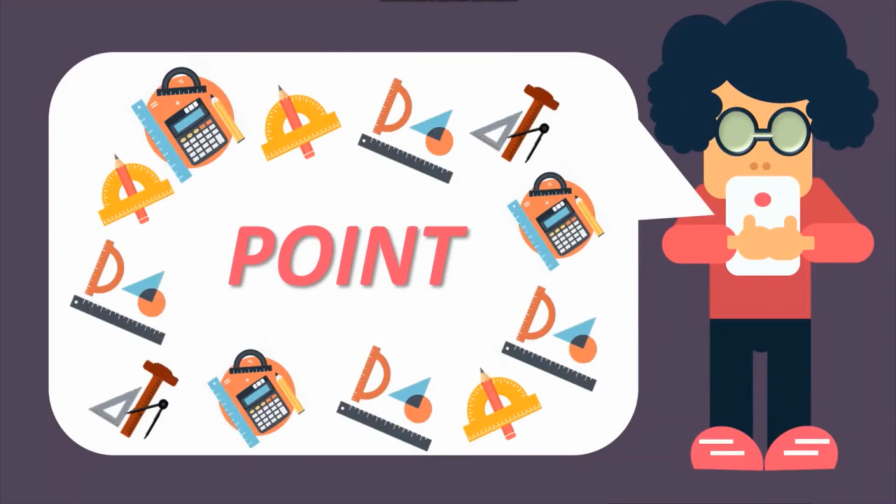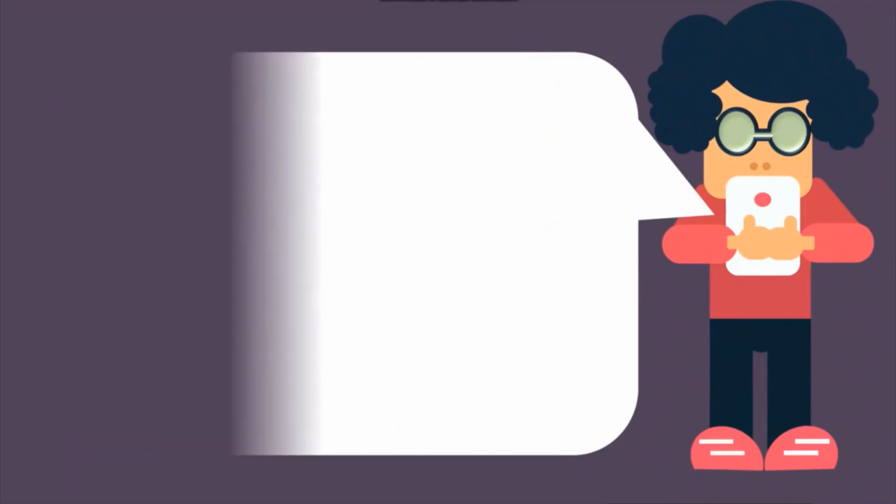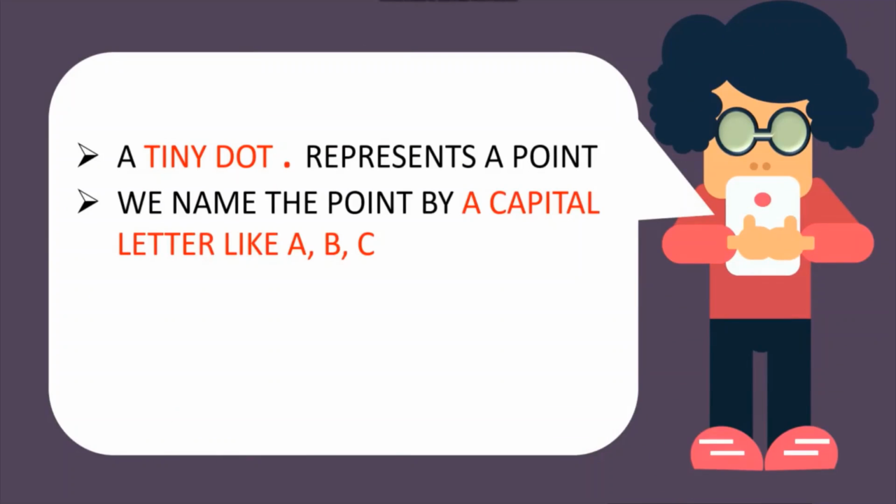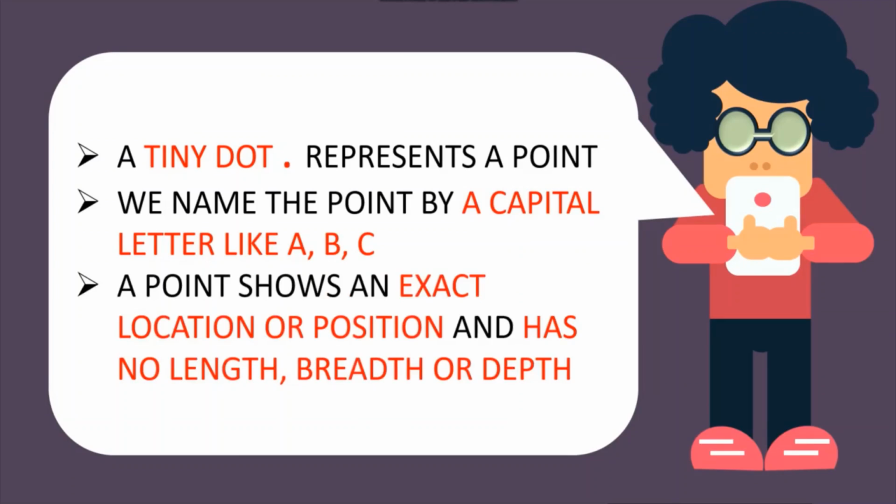First is a point. So what is a point? A point is a tiny dot which you can see here. We can name the point by a capital letter like A, B, C. A point shows an exact location or position, and it has no length, breadth and depth.